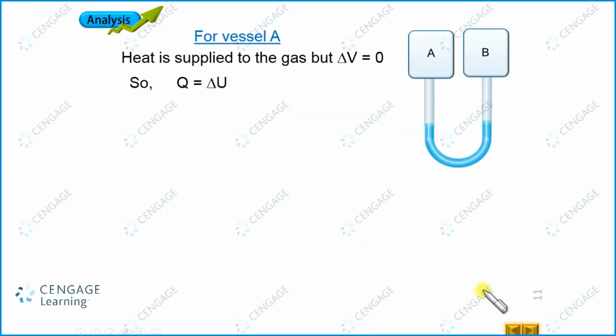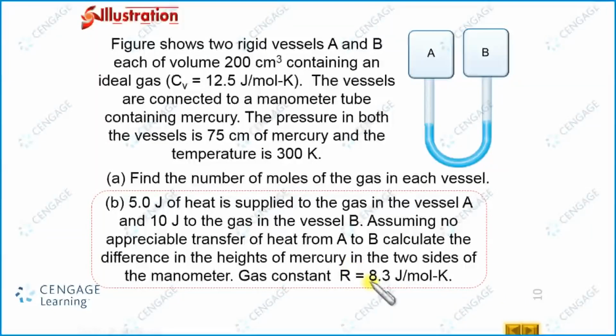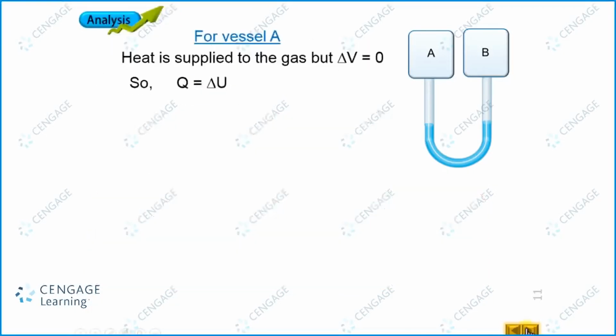Here vessel A is supplied heat 5, the number of moles we have calculated is 0.008, and the value of CV is 12.5 joule per mole per Kelvin.